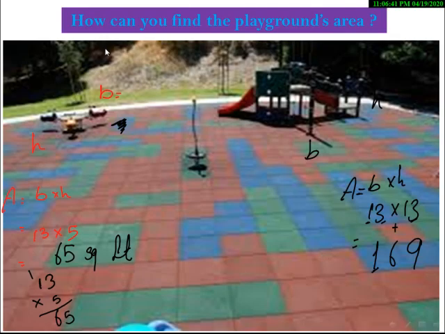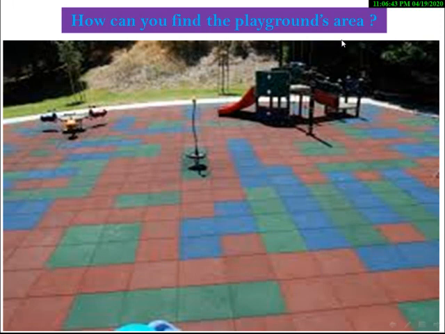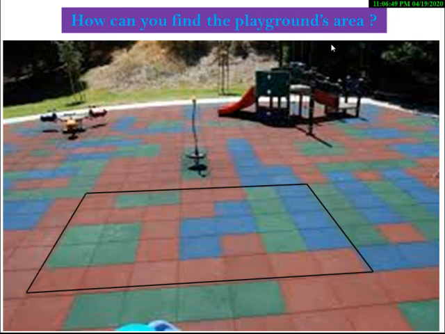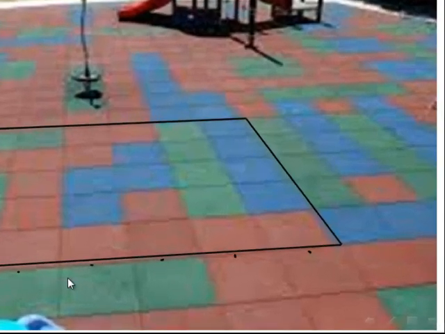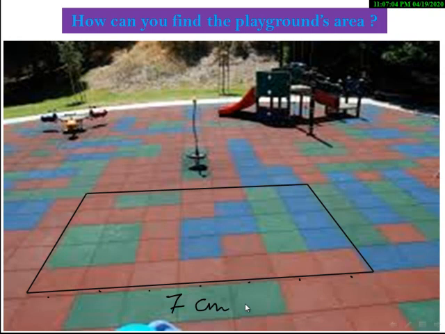Now, could you tell me how you can find the playground's area? Alright, if I label a small area for you like this, could you tell me what is your way? Yes, let's count 1, 2, 3, 4, 5, 6, 7. This side length equals 7 centimeters.